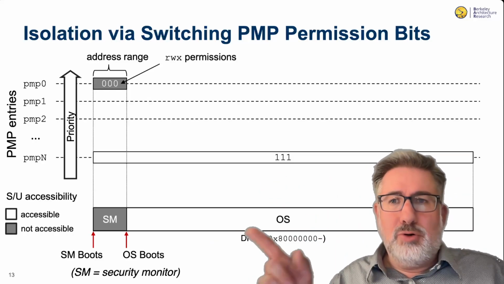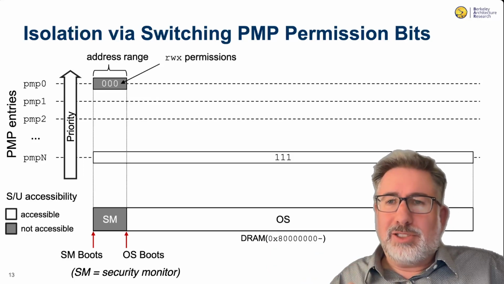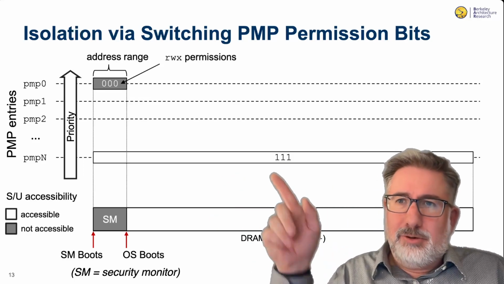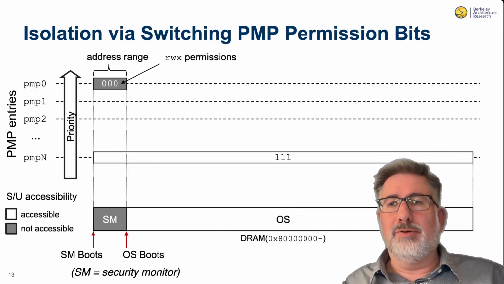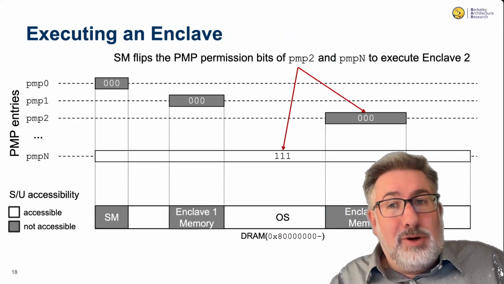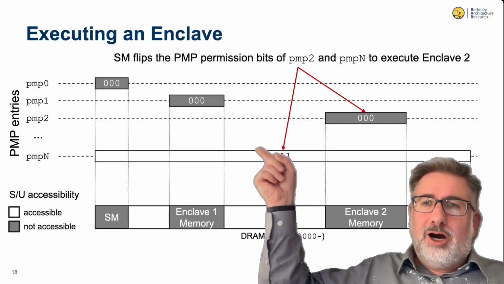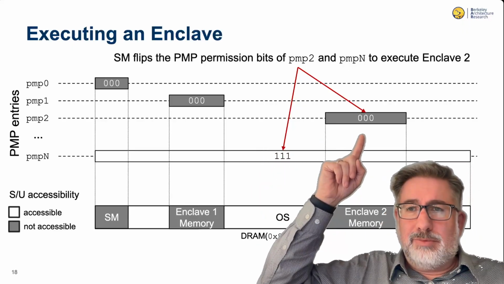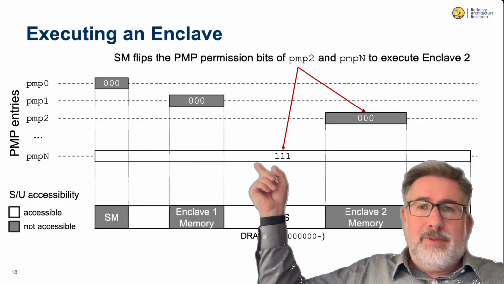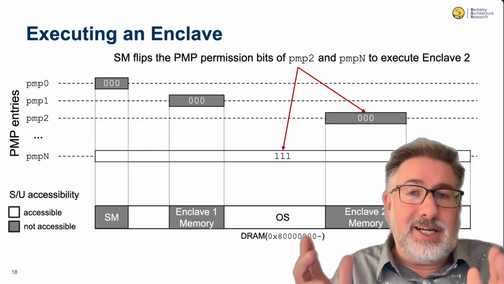When the SM boots, it's going to run things at the lowest level, but it's going to always protect the memory areas. No other system can actually run those areas. But then when you want to set up some enclaves, each enclave has a chunk of memory allocated and a read, write, execute set of bits in the PMP that corresponds to that chunk of memory.